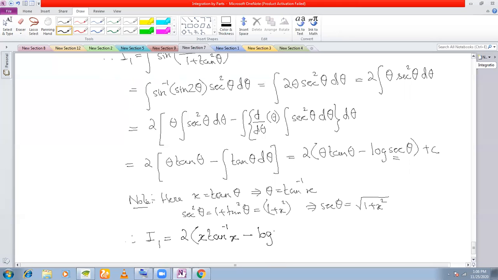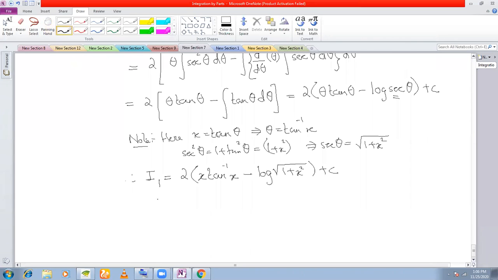Log of sec theta we found is log root 1 plus x square. Everything has been changed in terms of x. Now you can simplify a little further. You can write this as twice x tan inverse x minus log root, and you can write this as half log 1 plus x square.